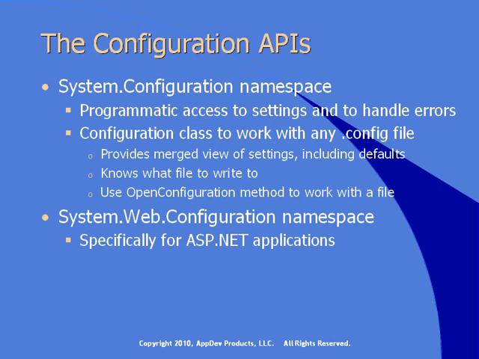So a large part of using the APIs is deciding exactly how to get access to the particular setting that you want to access. We're now going to look at some code that shows how you can access the appSettings and connectionStrings elements in the web.config file.